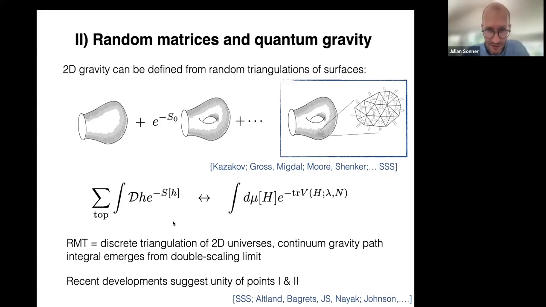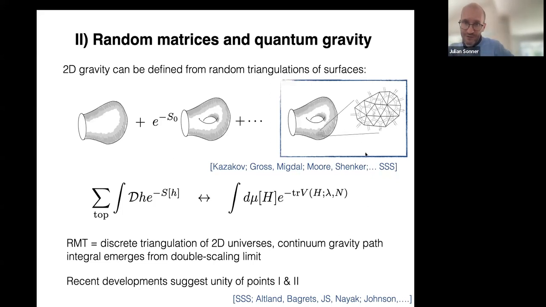Let's say you wanted to construct the path integral over two-dimensional universes with some specified boundary conditions. For example, I've illustrated here a universe with one boundary. So it's a universe, but it ends on a boundary, this circle. Then one way of doing it is that if you zoom in, you find a discrete version of that space-time where you have discretized the metric curvature, and you have essentially triangulated your surface.